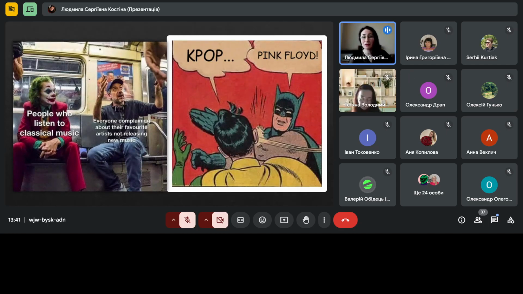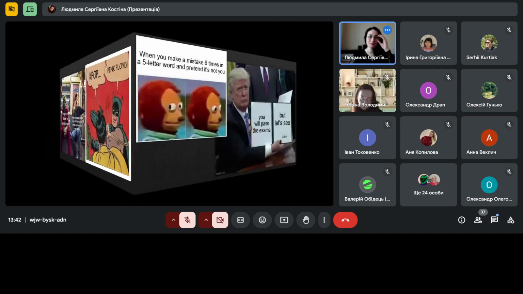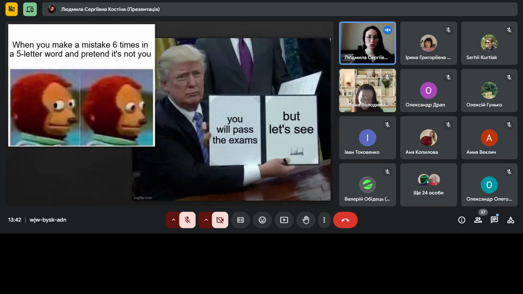Well, and another meme, yes, so comics. Well, two characters are fighting because, well, they defend, maybe they have different points of view, as for K-pop and Pink Floyd. Well, so Donald Trump and very expressive face, yeah, of some character.